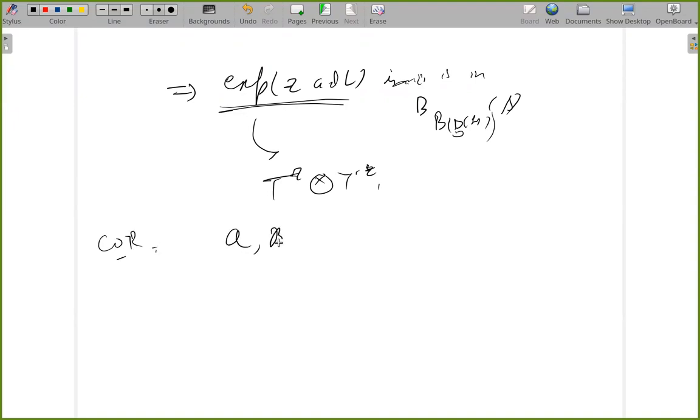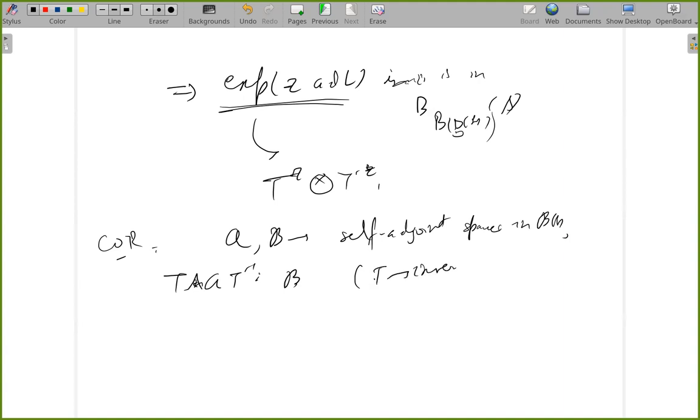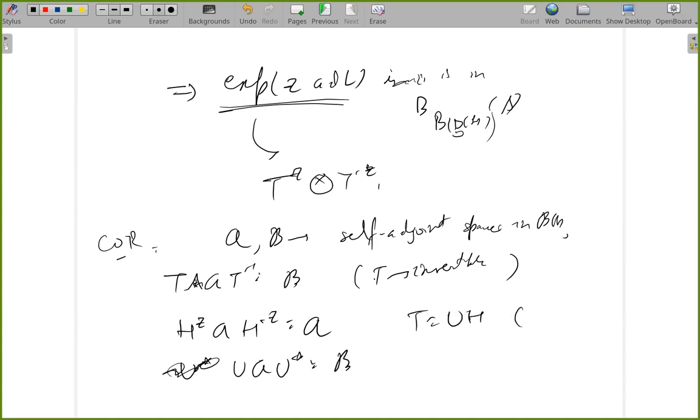If you have self-adjoint subspaces A and B in B of H, and T A T inverse is equal to B. So T is just some invertible operator. Then, just to summarize, what we had was H to the z, A, H to the minus z is equal to A, and U A U star is equal to B, where T is equal to U H, the polar decomposition.